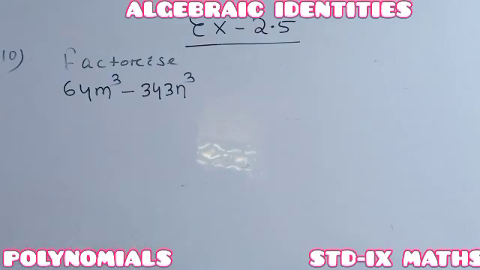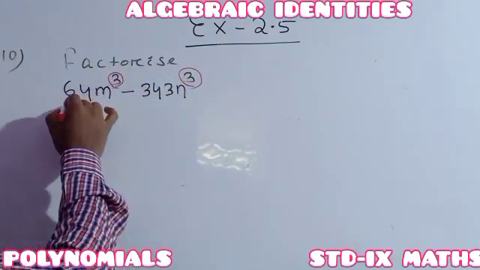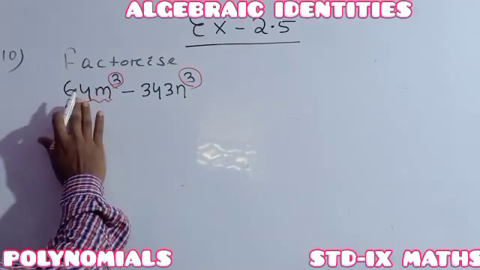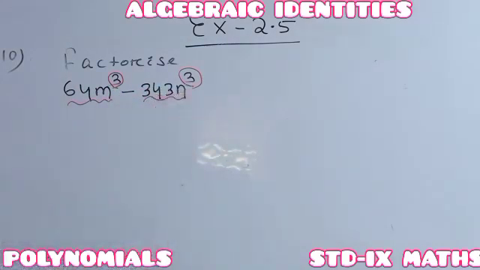Listen, whenever the degree is 3, there are 4 identities I have taught you so far. One is a plus b whole cube, another is a minus b whole cube, another is a cube plus b cube, another is a cube minus b cube. See, here it is a cube, here it is a cube. So I have to try to arrange, is it a perfect cube of any number or not.